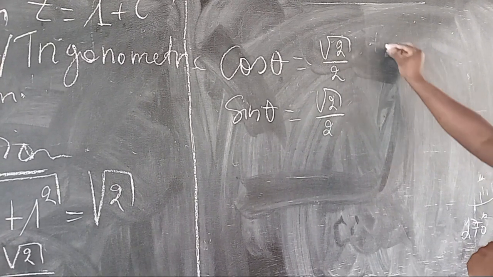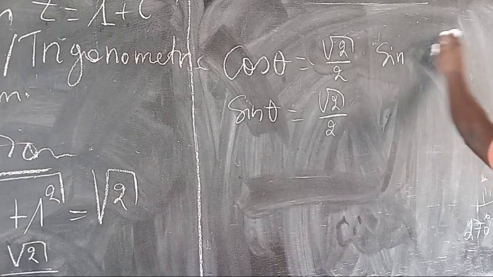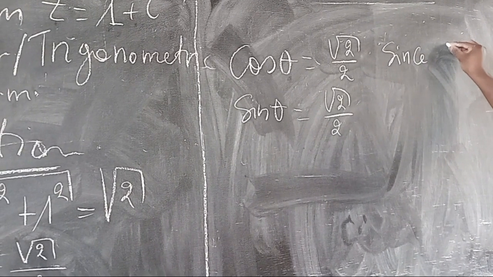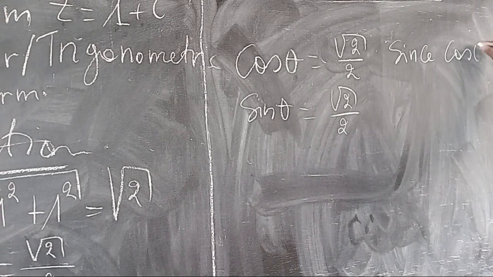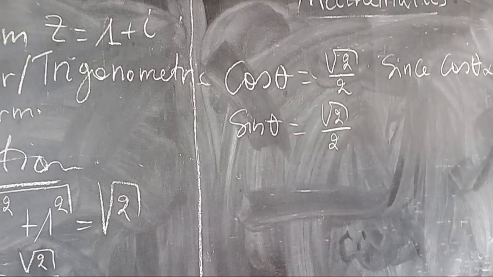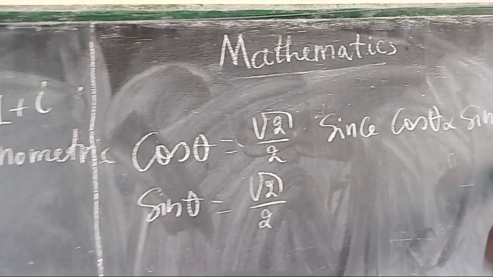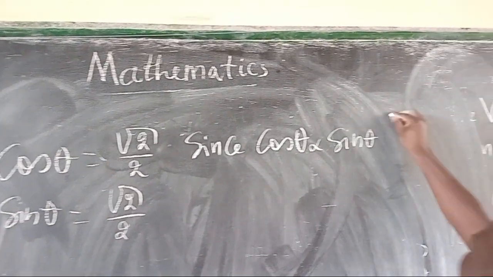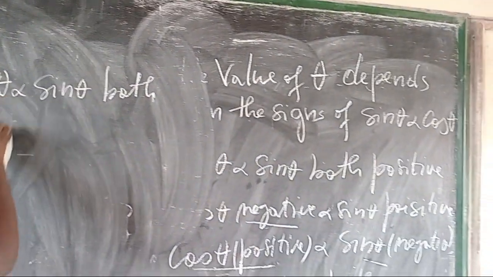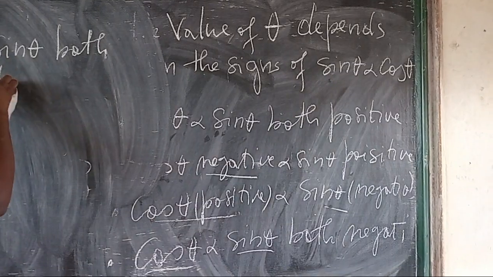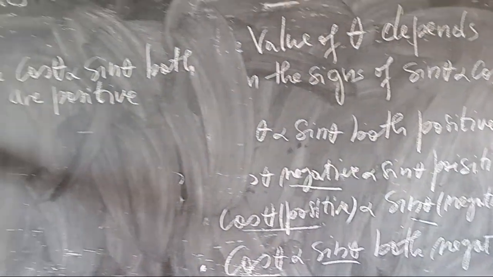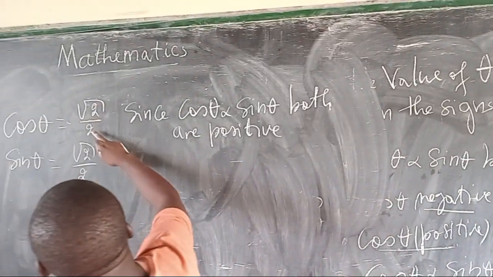Since cosine of angle theta and sine of that angle theta both are positive. Positive value: cosine of an angle theta equal to square root of 2 out of 2.